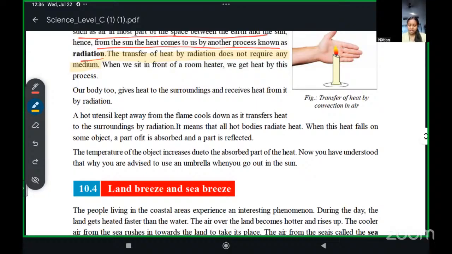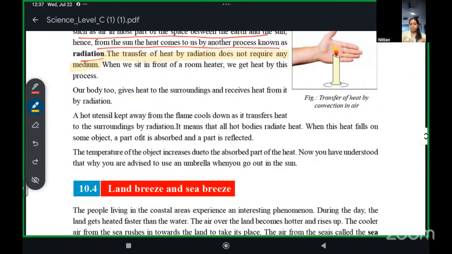It means that all hot bodies radiate heat. When this heat falls on some object, a part of it is absorbed and a part of it is reflected. You know this, right? When heat falls on any object, some of it is absorbed and some of it gets reflected.